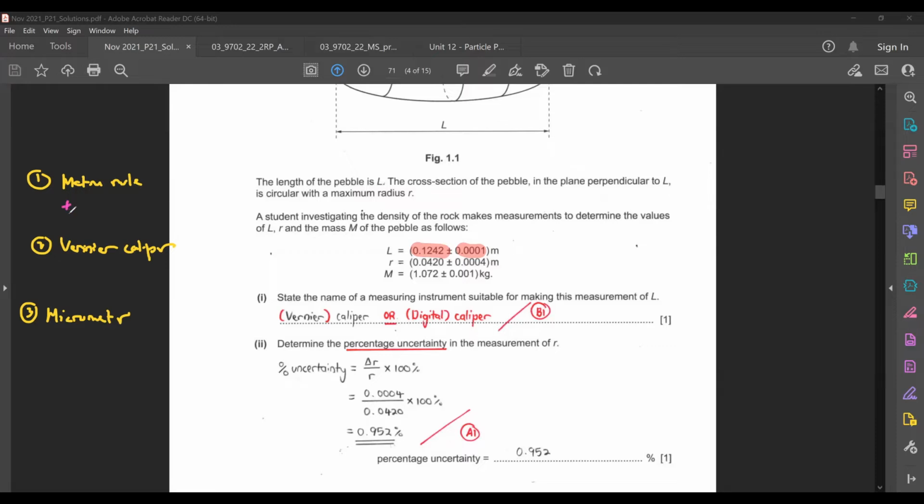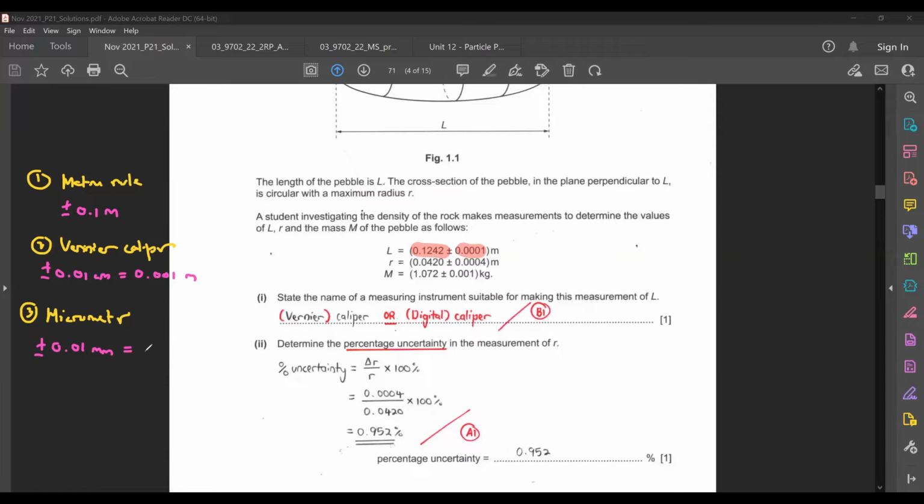Your meter rule has an uncertainty of 0.1 meter. Vernier caliper by right is 0.01 centimeter. If you change it to meter, you're going to get 0.001 meter. You divide by 10 to get this value. And then micrometer was 0.01 millimeter.